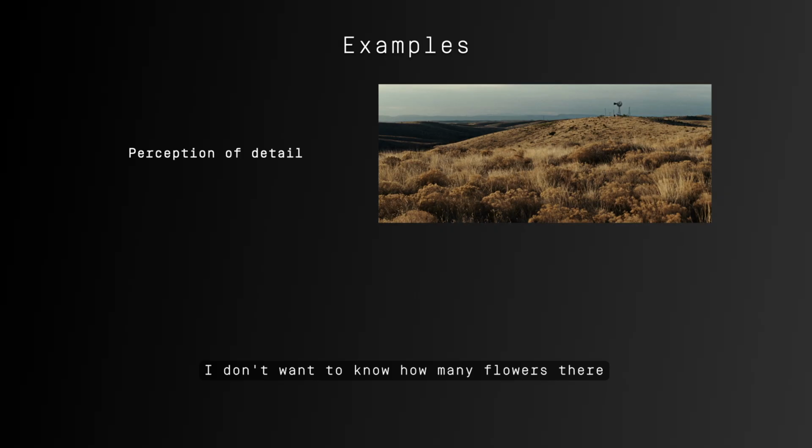I don't want to know how many flowers there are in front of me when a tiger is about to jump at my throat. I only want to see the tiger and where the escape route is. However, if I look at an image of this very detailed landscape in a movie theater with no tiger involved, I might struggle to comprehend the essential elements of the shot. Too much information will break my ability to grab at a glance the composition and the meaning of the shot.